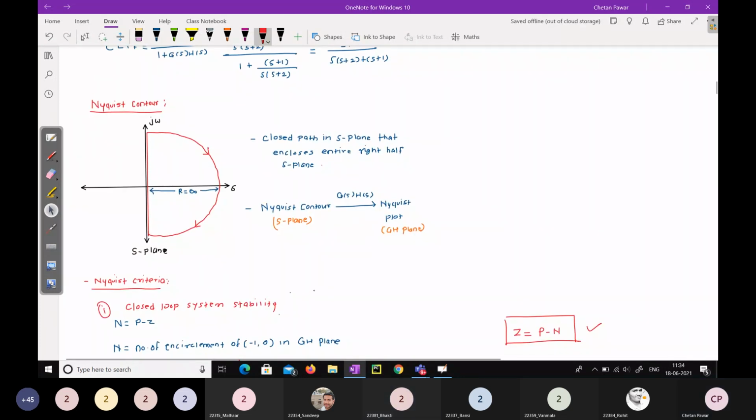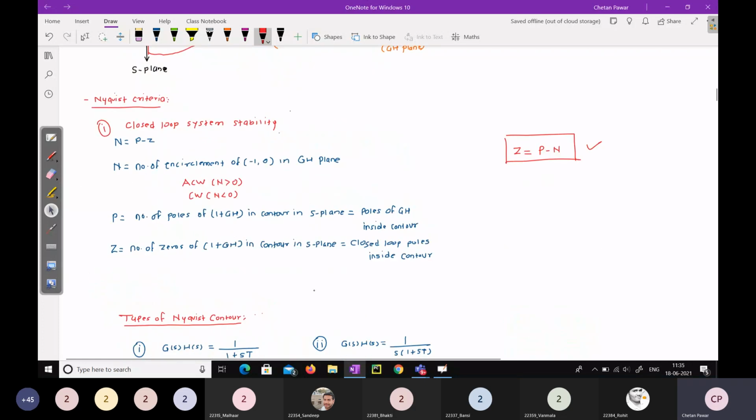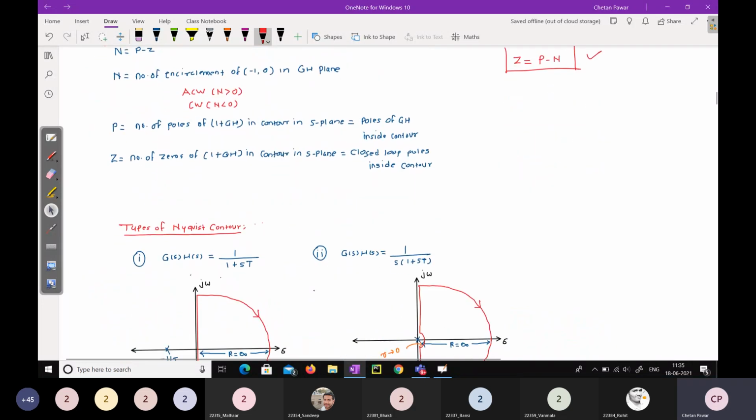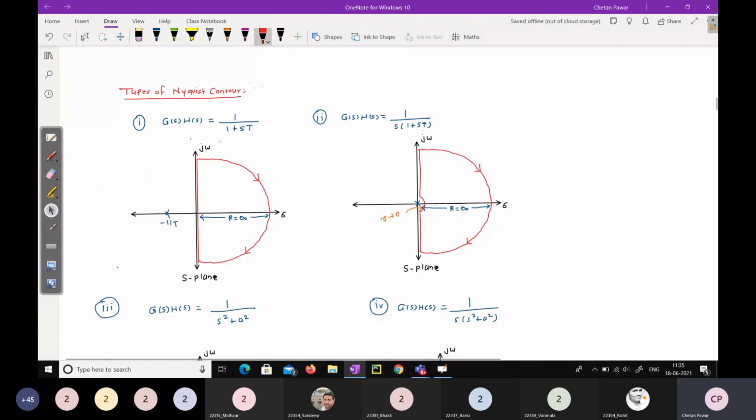Okay. So there are different types of Nyquist contour. Depending on the pole location, those contours are based. So let us see this first open loop transfer function. Here the first order transfer function is there, and there is a finite pole at -1/T.